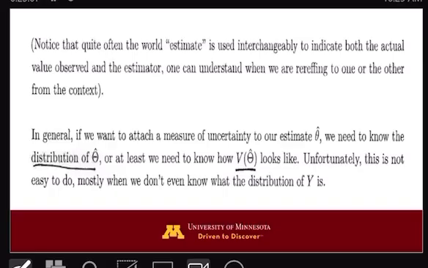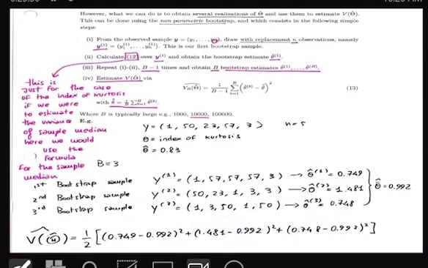Unfortunately, this is not easy to do, mostly when we don't know the distribution of y. That was what I was saying the other time: we don't know the probability density function of y, and that will be difficult to tell. But the good news is that the bootstrap can handle that. I need you to pay attention.